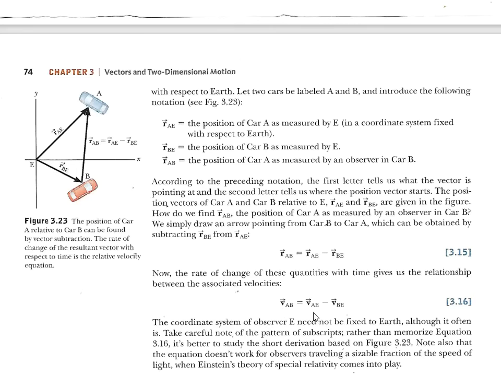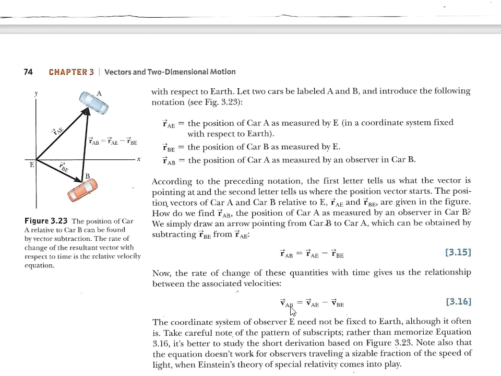Now the same thing works with velocities, but what happens with velocities is that instead of an origin, we have an entire reference frame of coordinates that are all going the same speed. For instance, the E coordinates here represent probably something like the Earth, the ground of the Earth.